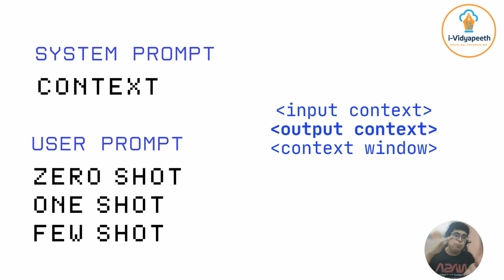Suppose I have given 2 pages of information and am asking some specific question from it. Then I can give the system prompt to the model that please answer within the context, whatever is in the user query or in the information that has been provided. So context is very important. The system prompt also goes into the context.